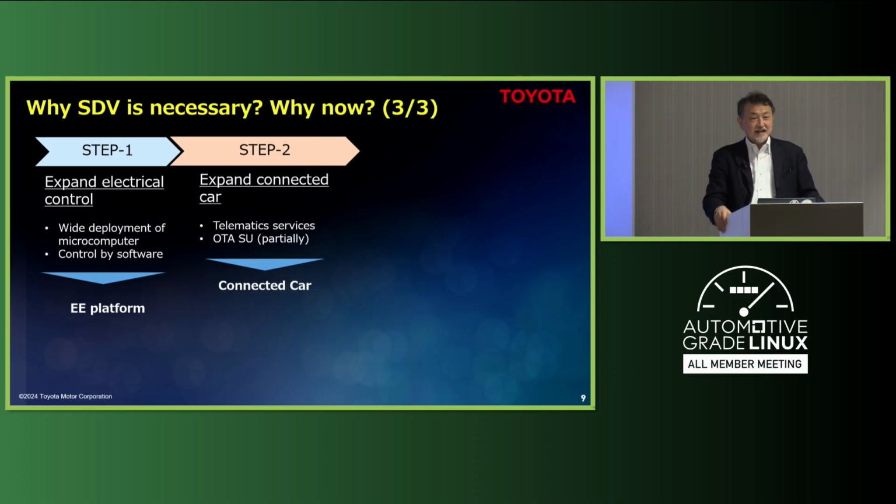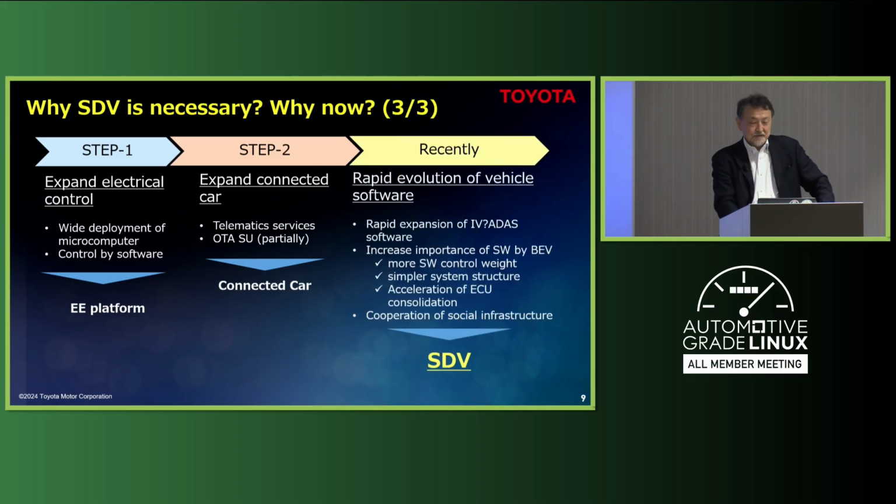And then that kind of control was expanded to communication between the vehicle and the outside, which was named telematics services. And in the network side, tons of new features were introduced every year, so we have to catch up with that. So the connected car must be presented to customers.